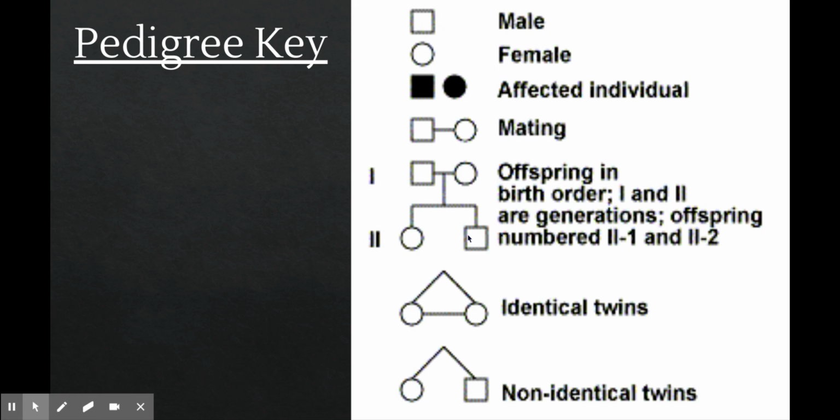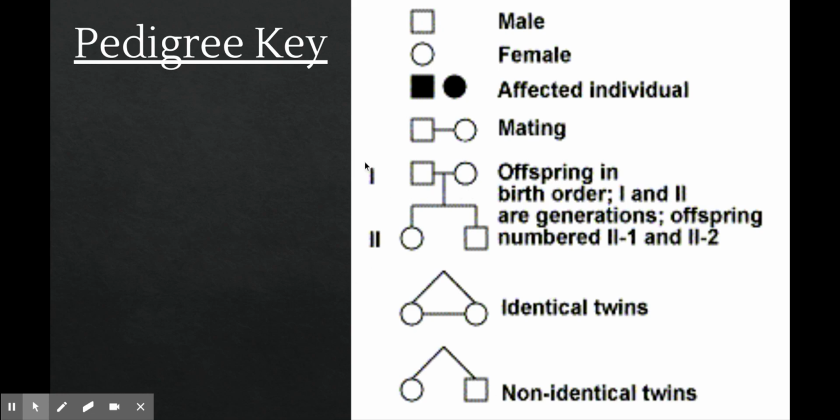A horizontal line between a male and a female represents a mating pair. And so you're going to have a vertical line and another horizontal line descending from that horizontal line that connects them to their offspring. So this is showing that this female and this male are the offspring of this male and this female up here.